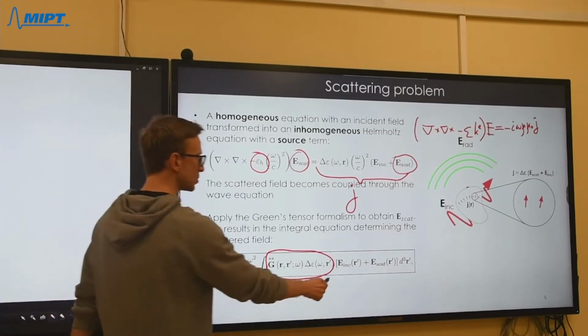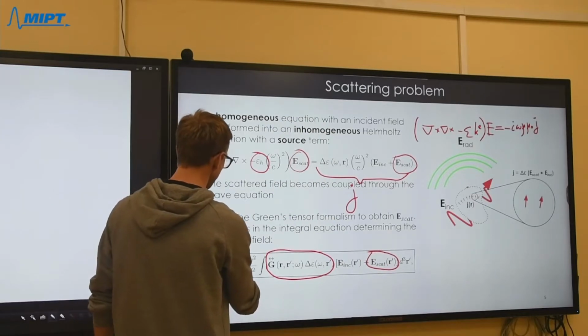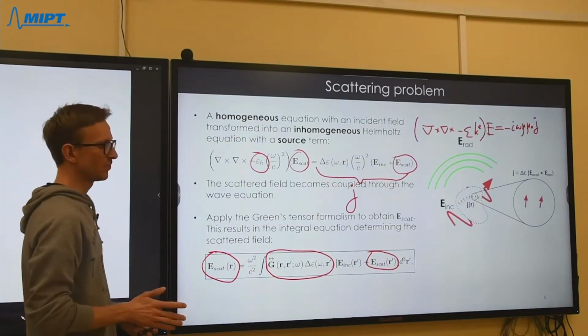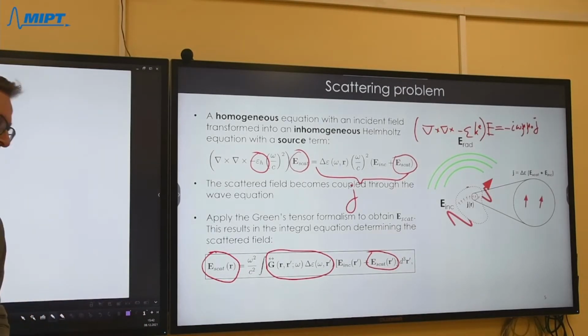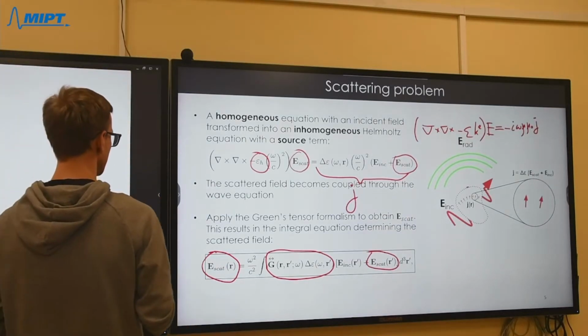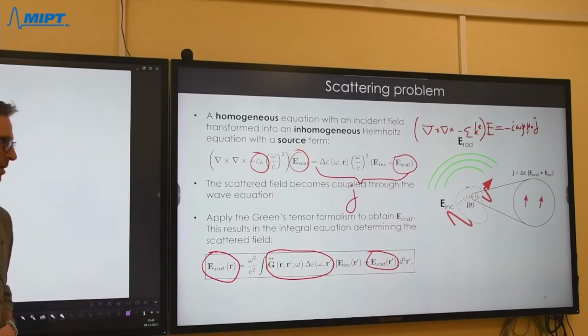And it depends on the scattered field itself. So this is a Fredholm integral equation, if I recall correctly, of the second kind. So what we have done so far is that we reduced our scattering problem to the radiation problem, which mathematically we managed to express as an integral equation. And now we need to try to solve that integral equation.